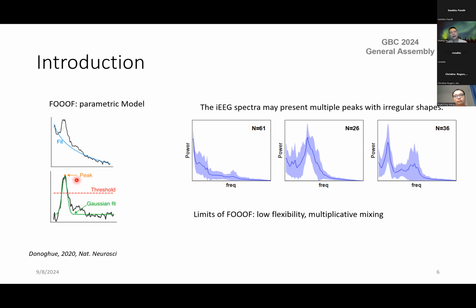And the point of our work is we think their model is firstly maybe limited to the hard kernel functions in fitting, which is inflexible, for example, the Gaussian function and the power law function. If we check the intracranial EEG spectra, for example, from the precentral gyrus, we do the clustering.